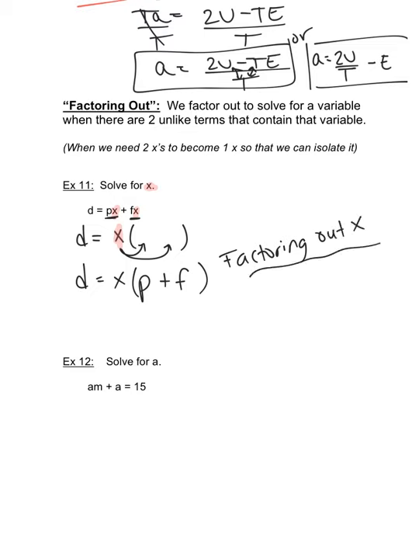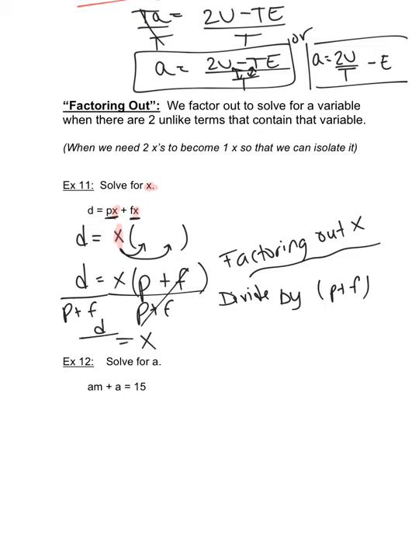And now, since x is multiplying by p plus f, you can isolate x by just dividing. I'm going to divide by p plus f on both sides. Cancel, and my answer is that fraction, x equals d over p plus f. Okay, so I'm going to read the little top section here.